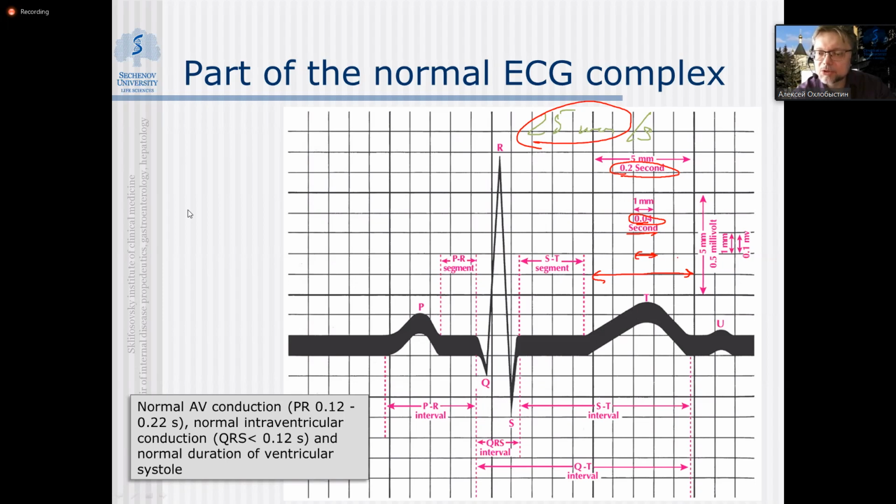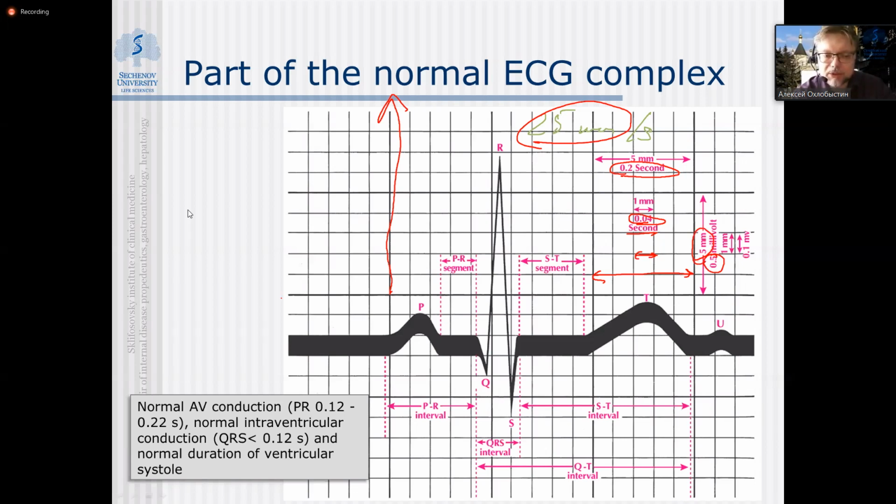recording, we use a standard calibration signal. That will be a signal of 1 millivolt, and 1 millivolt should be equal to 10 millimeters, or 0.5 millivolt should be equal to 5 millimeters. Please always check the calibration.